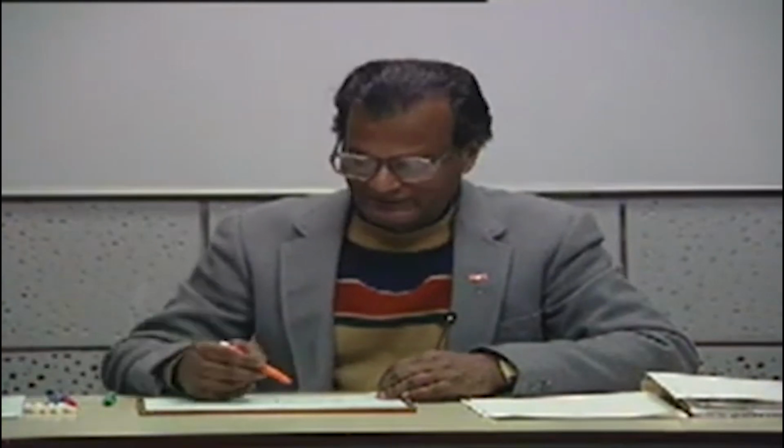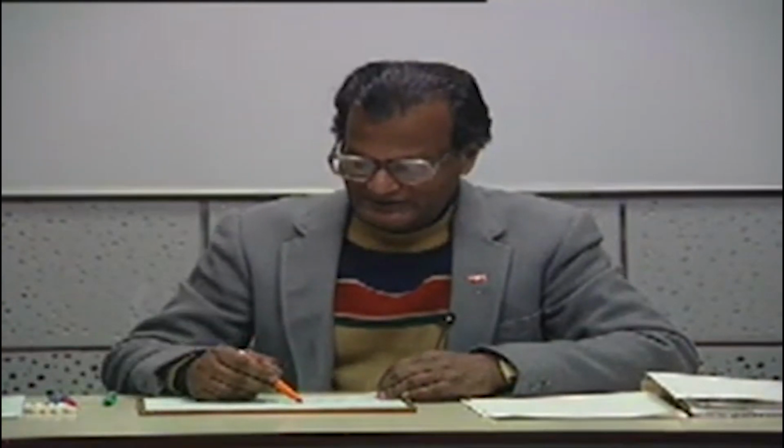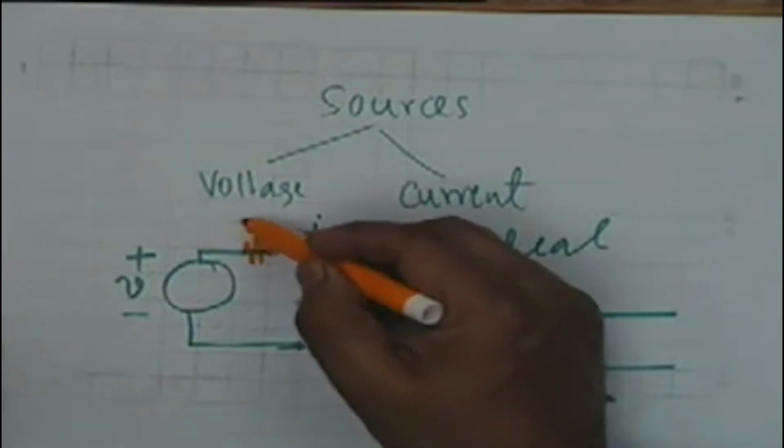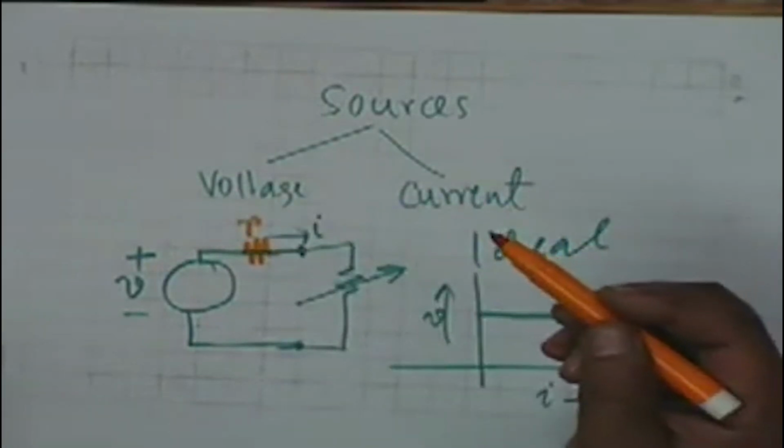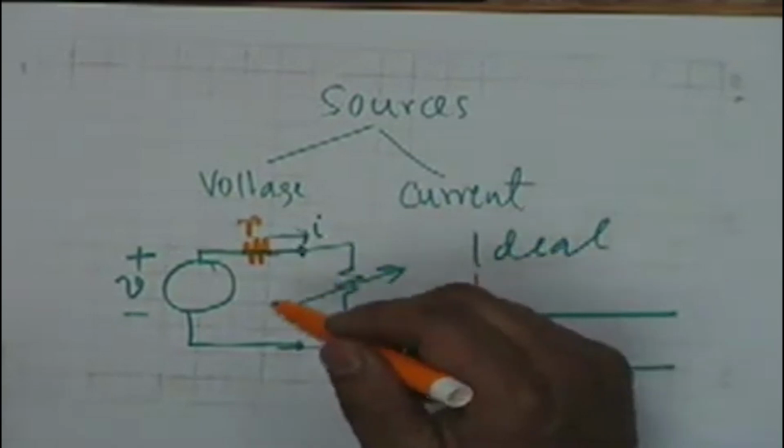In an ordinary power supply, as you shall see in the laboratory, if you take more current, the terminal voltage decreases. This non-idealness can be accounted for by introducing a small resistance here, called the internal resistance of the source.